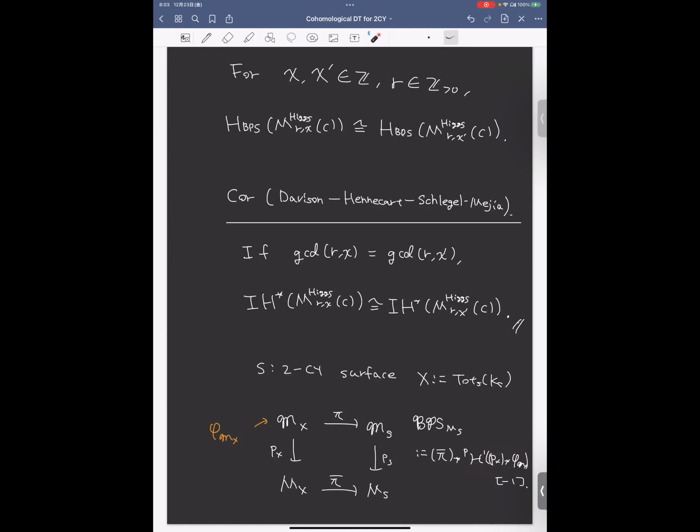We take the first perverse truncation here, then we take the push forward from this moduli space to the moduli space for S, and we take the shift by -1 to make it perverse. So this is a construction of the BPS sheaf for 2-Calabi-Yau surfaces. We can also define the BPS sheaf for the moduli space of coherent sheaves on Fano surfaces, but it is isomorphic to the intersection cohomology on the stable locus.